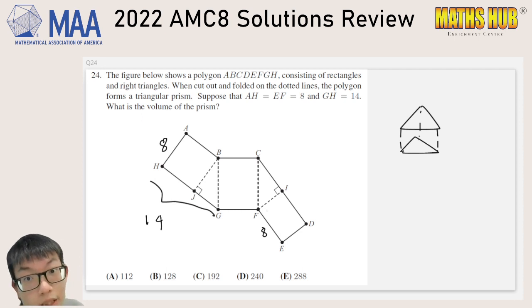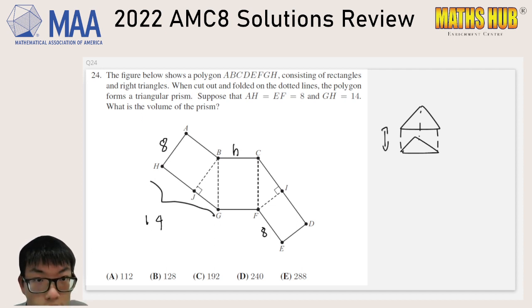But regardless, once we have folded it, we know that all of those rectangular faces have to be vertically aligned, and so this here would be the height. So I just need to get base area times height and I would be fine.